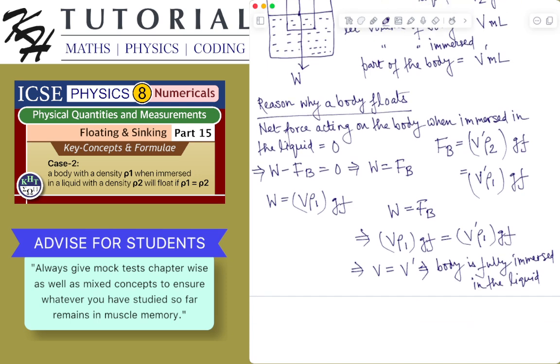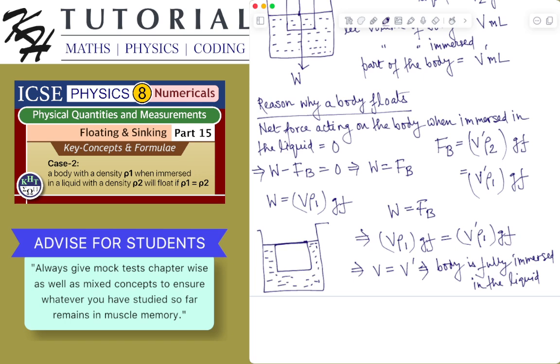So the actual scenario, when rho 1 is equal to rho 2, is that the body will float in the liquid, and the scenario will be like this. The body will float in the liquid, but it will be wholly immersed in the liquid.